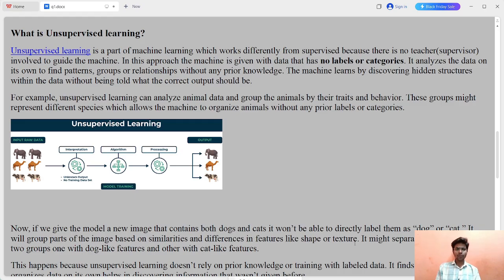In this chart for unsupervised learning, the input raw data has two elephants, camels, and cows. The interpretation of this is unknown output, no training datasets. The algorithm performs within the raw data, and the processing gives the output of one elephant, camel, and one cow in the model training.